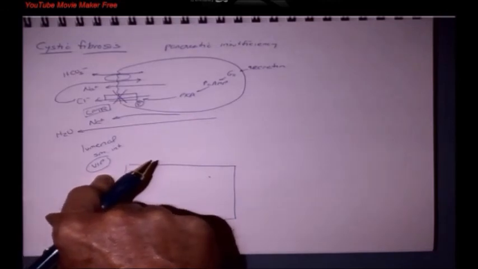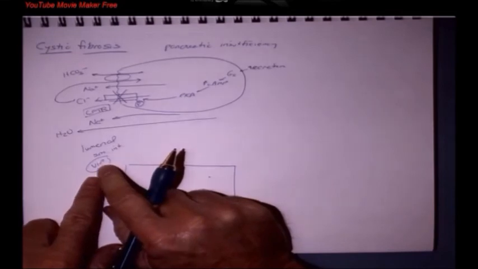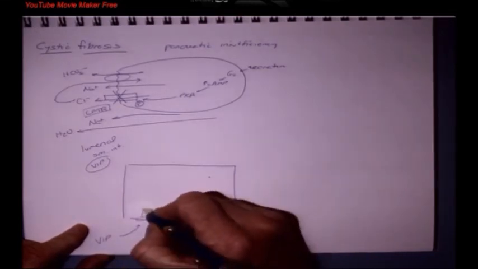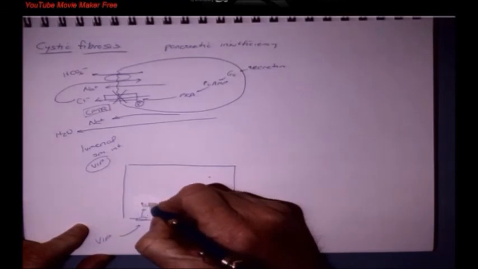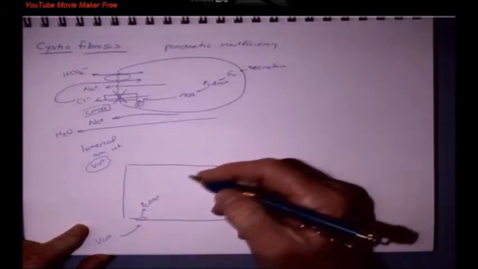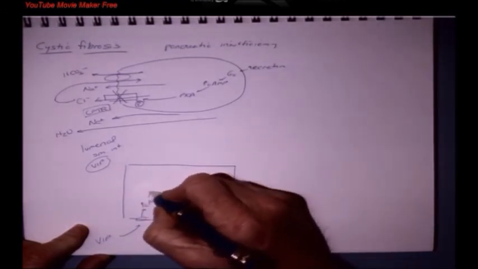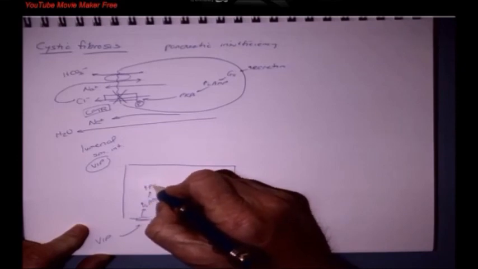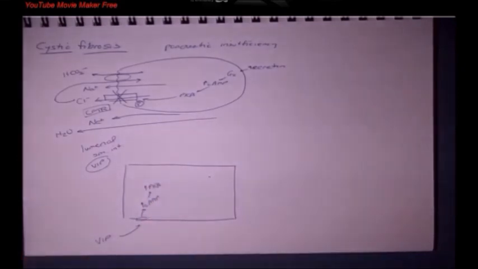This also has another function, and this is going to be binding to the basal surface, and it's going to bind to its receptor, and it's going to signal adenylate cyclase to increase cyclic AMP to increase protein kinase A activity.